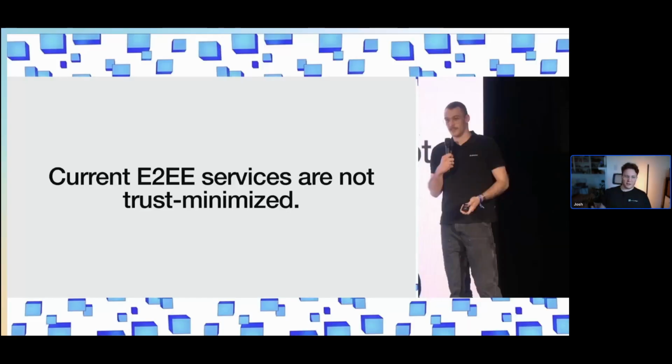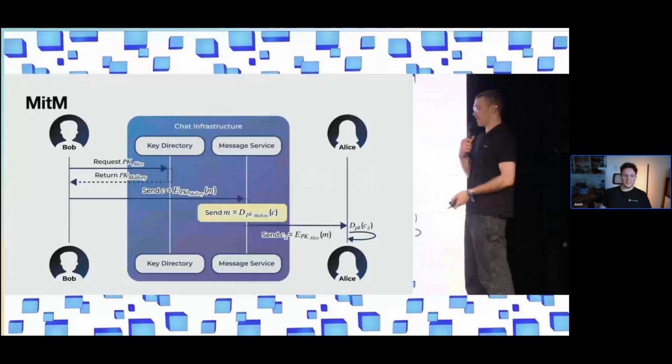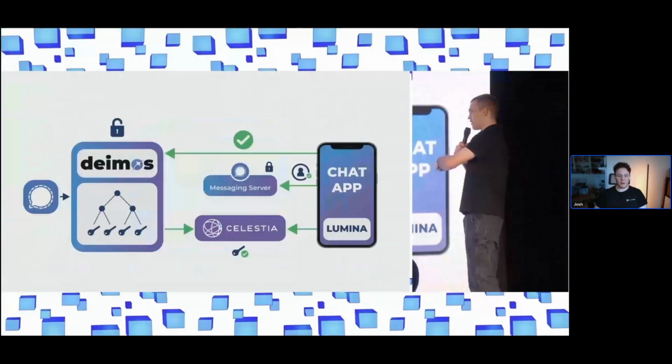So this talk is about the fact that current end-to-end encryption services are not trust minimized. Ryan describes, and I'd really recommend watching the talk, there's basically this vulnerability in a lot of the apps that we think are actually encrypted, where there can be a machine in the middle attack, basically where your keys get swapped.